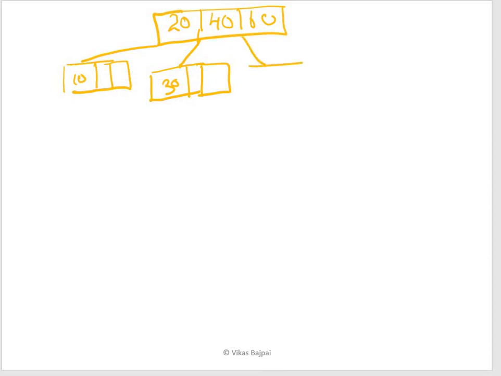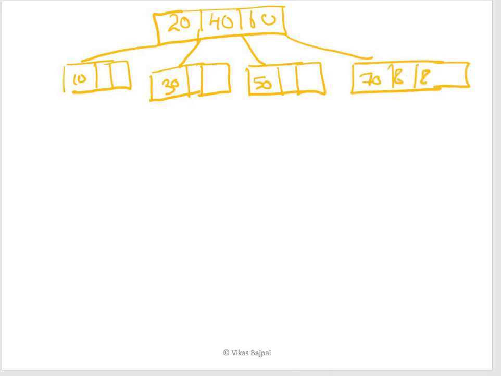On this side I have 50. On this side I have 70 and 80. Now we are still left with two values, which are 90 and 100.